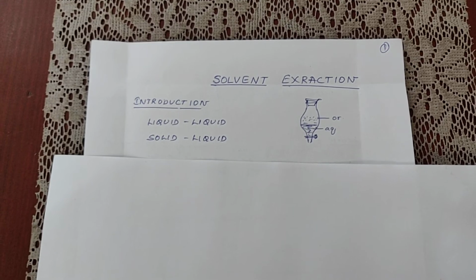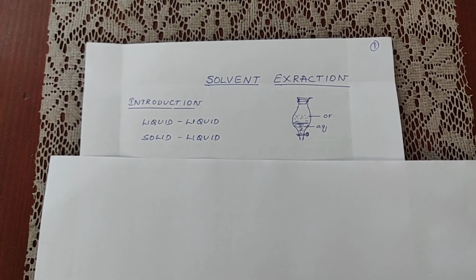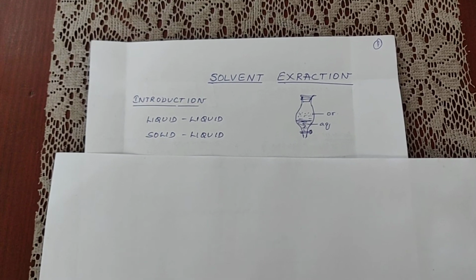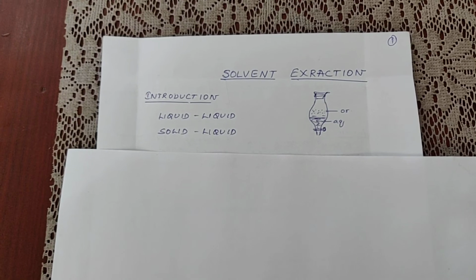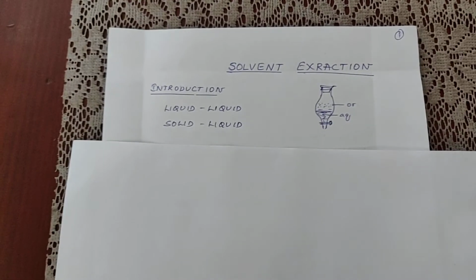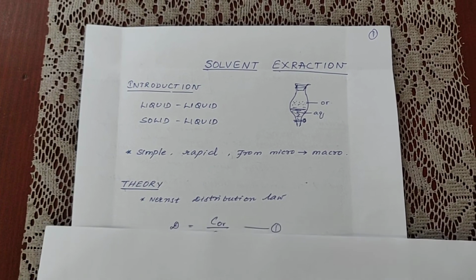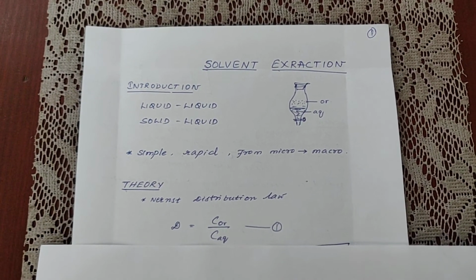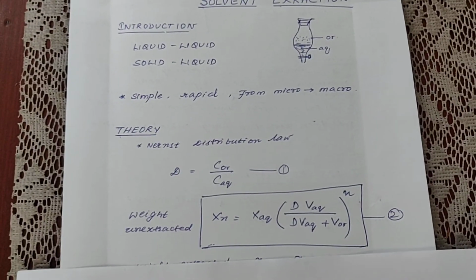Here, while we extracted nicotine, the nicotine was an organic compound and it will obviously like to stay more in the organic phase. So we have to do extractions wherein we take the organic phase and the aqueous phase.